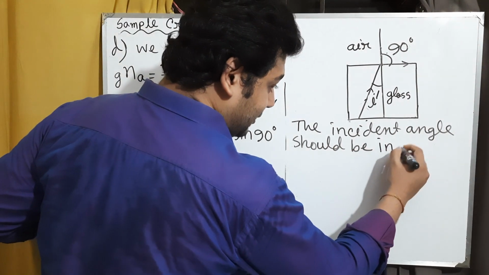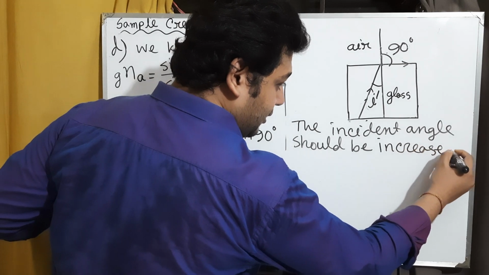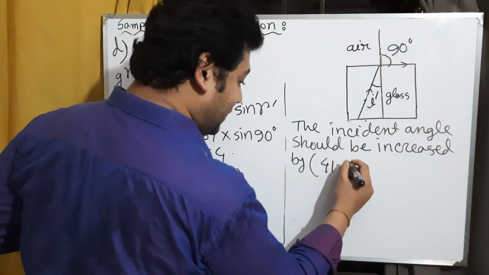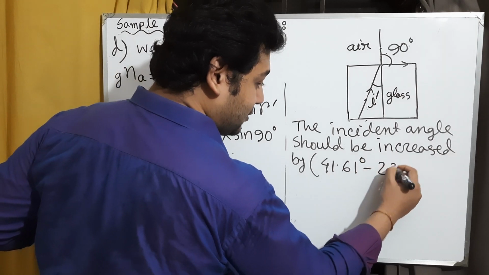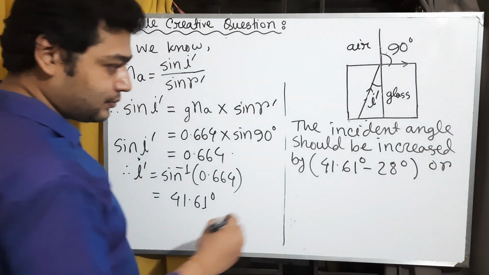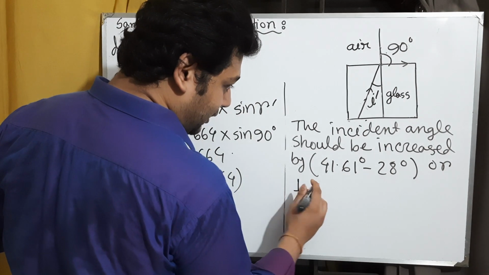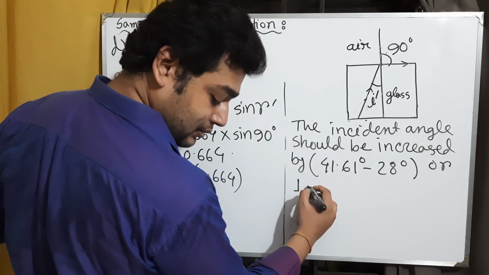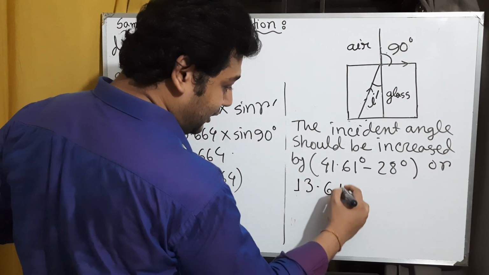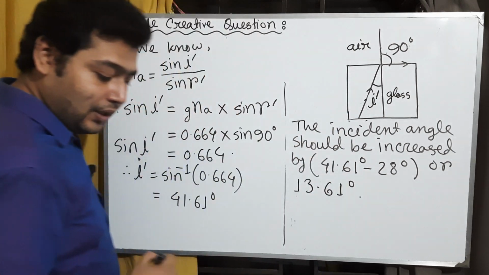So the incident angle should be increased by 41.61 degrees minus 28 degrees, or 13.61 degrees.